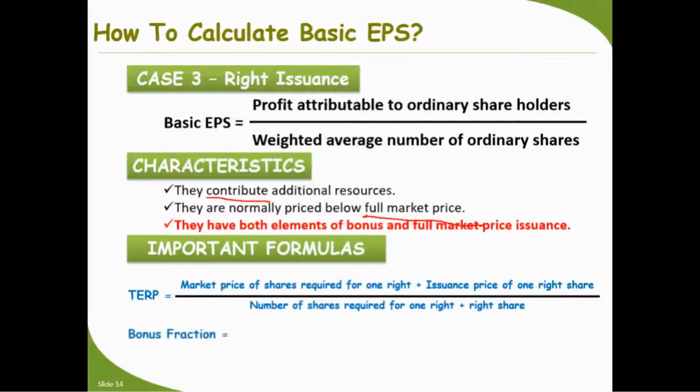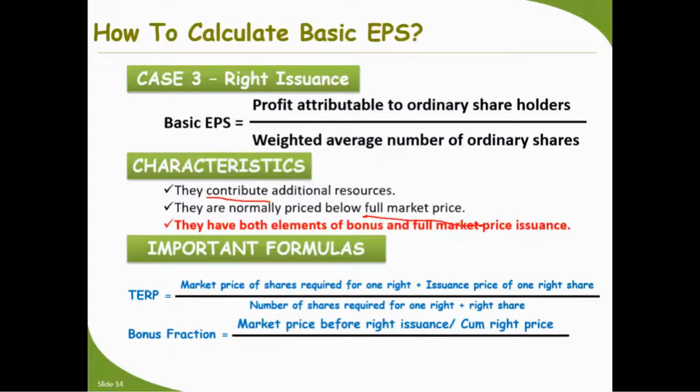Then how to calculate the bonus fraction? Bonus fraction is the market price before right issuance, also called the cum-rights price, divided by TERP, which we have calculated using this formula.